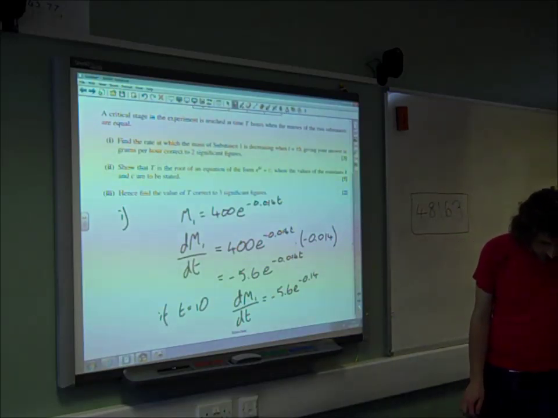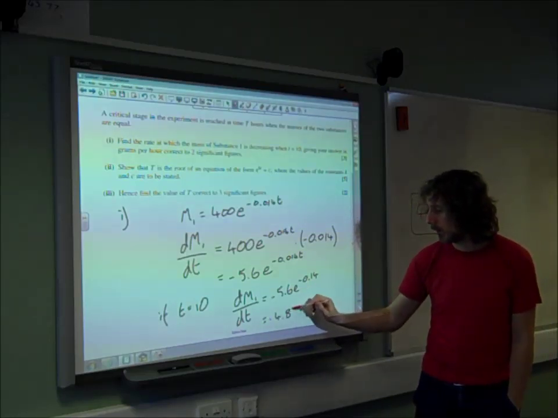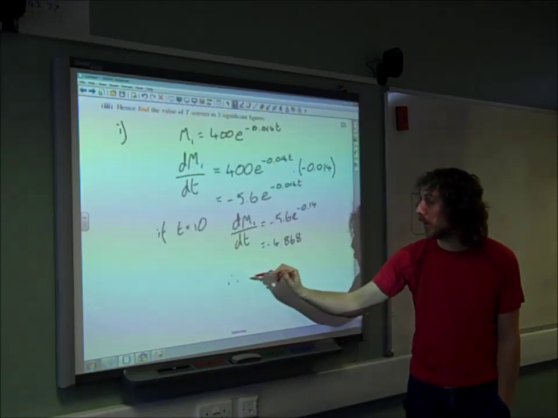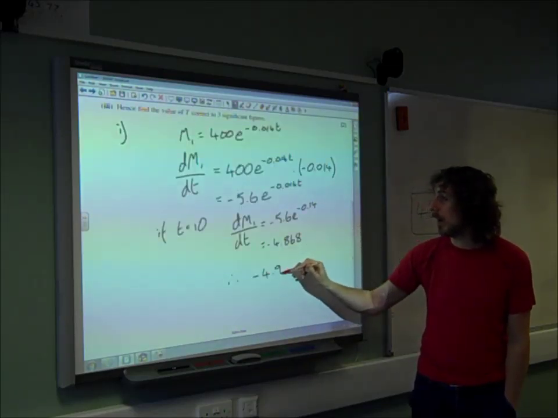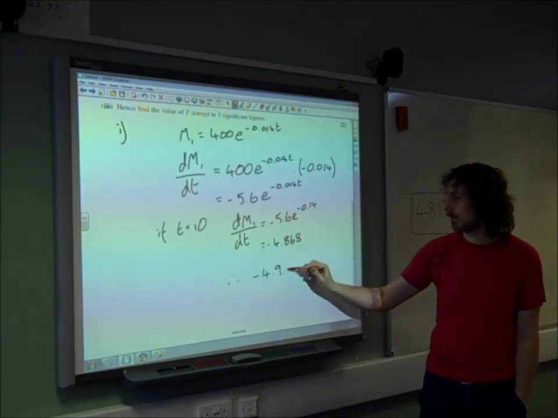Minus 4.868. But of course the question said give it to two significant figures, so therefore minus 4.9. Grams per hour.